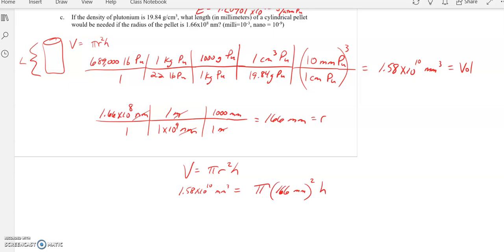So I divide by pi, divide by 166 twice, come out with a height of 1.83 times 10 to the 5th millimeters. As with the other problem, this is not a very reasonable answer. It's 183 meters long, so it's a pretty giant pellet. But that's how we solve.